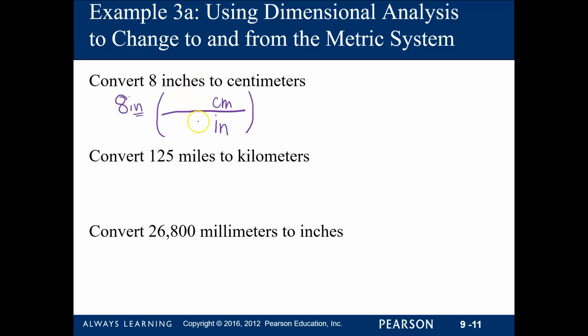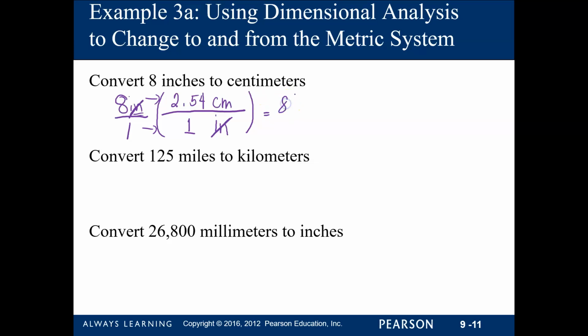Now we plug in the numeric values with this conversion. We know that 1 inch is equivalent to 2.54 centimeters. Now we can proceed to multiplication. We can have this as 1 with a denominator. We multiply across. By the way, don't forget, the inches is now gone, it's going to be canceled.